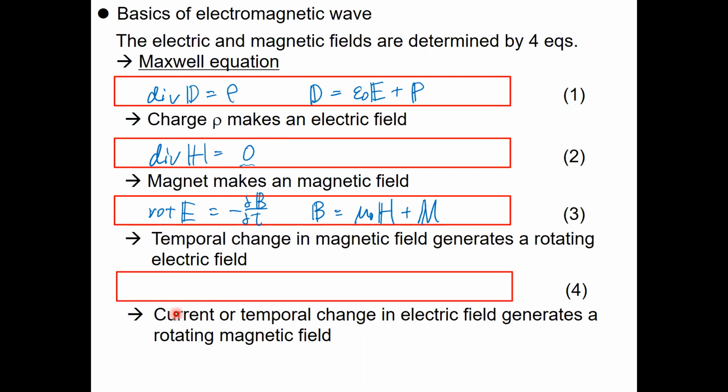And then the fourth equation. These third and fourth equations are a kind of pair. Rotation H equals i plus dD/dt. Again, D is the electric displacement. This equation means that if you have a current, you can observe a rotational magnetic field.